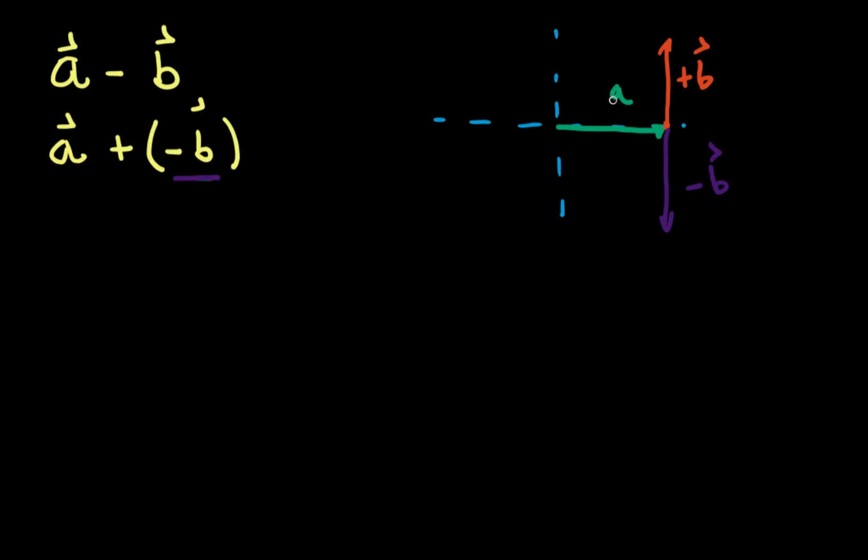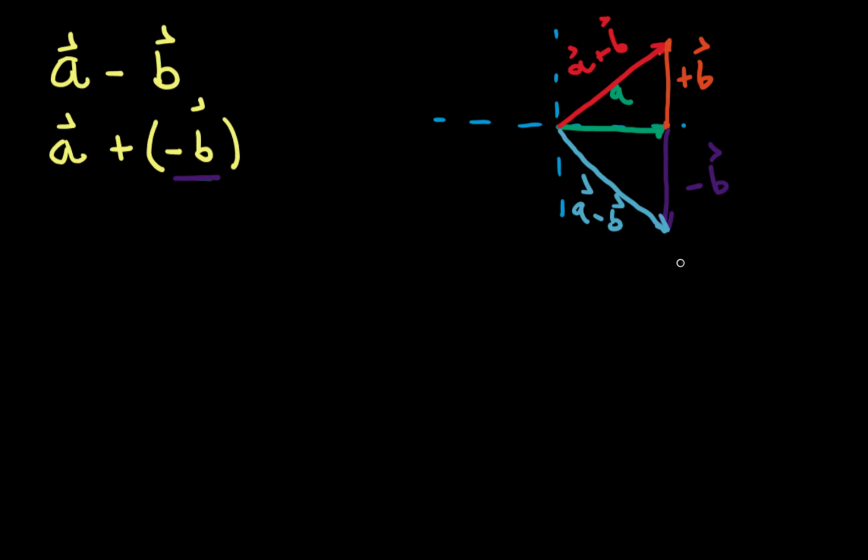And so, let me show you the two resultants here. This is what we just did a second ago. That was a plus b. Now we have a different vector that came from a minus b, and that's this one, and that's a minus b.